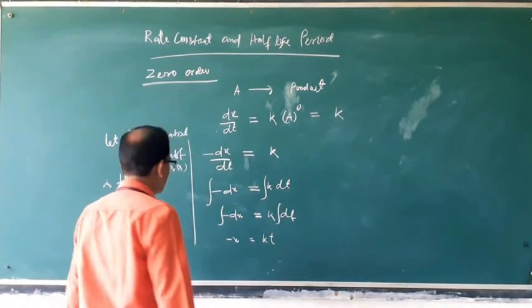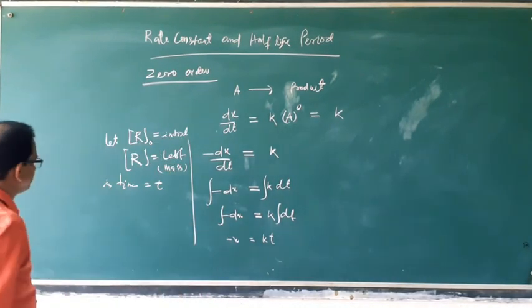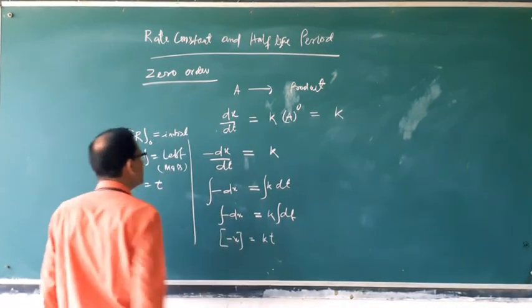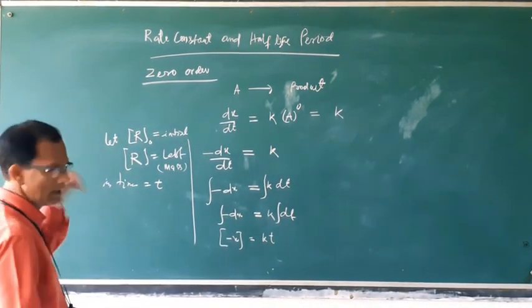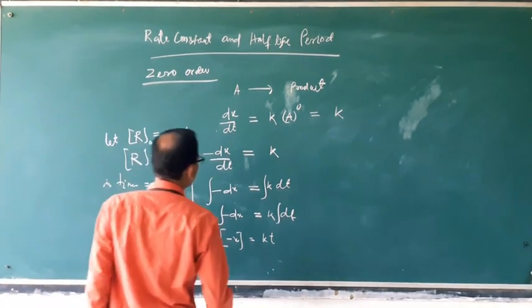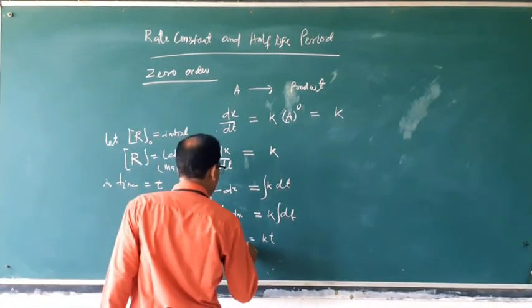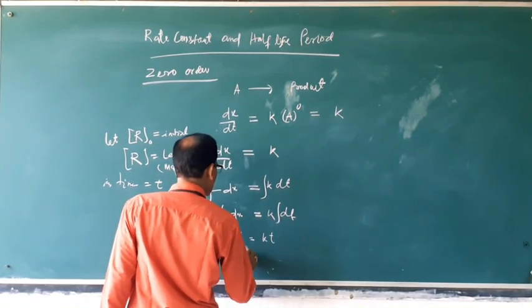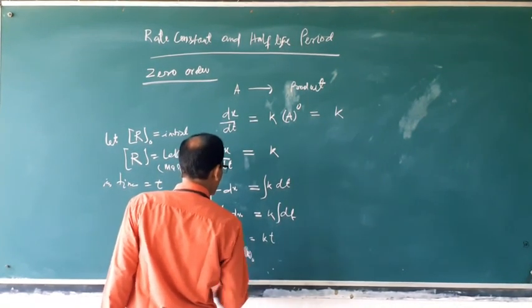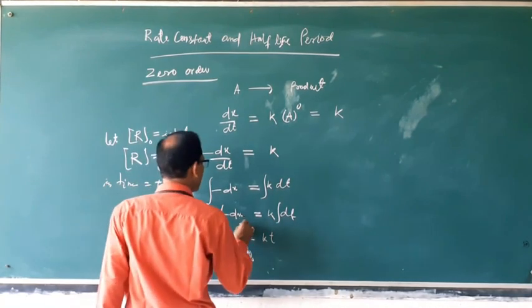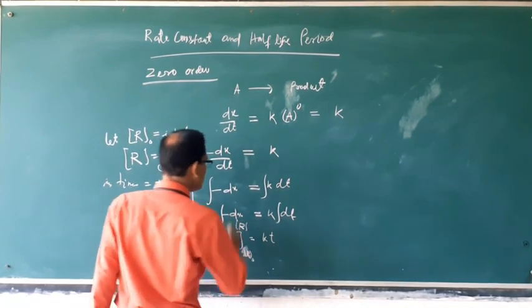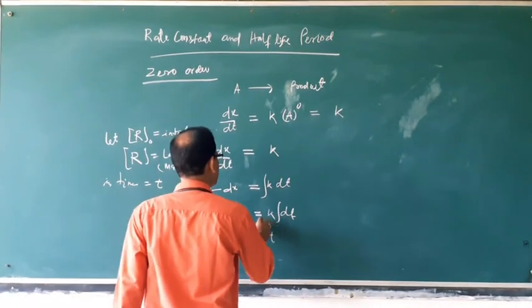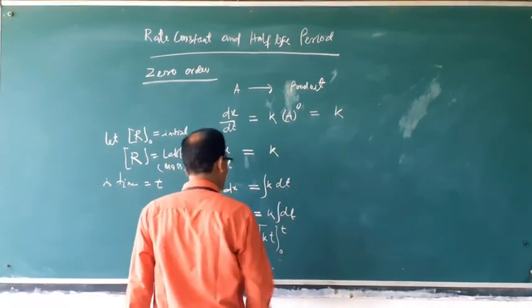If you give the limits: starting amount is R0, and the amount left is R, and for kt the limit is 0 to t.